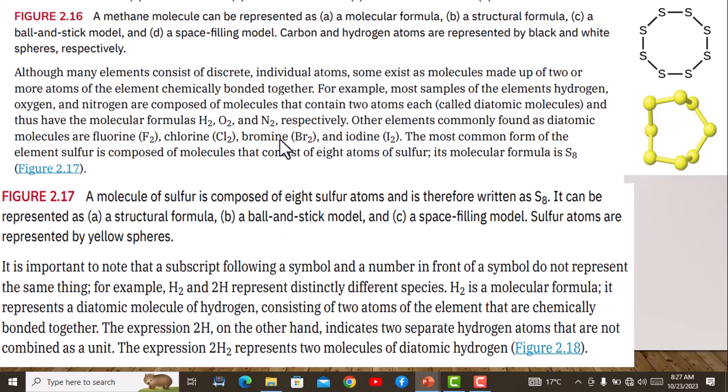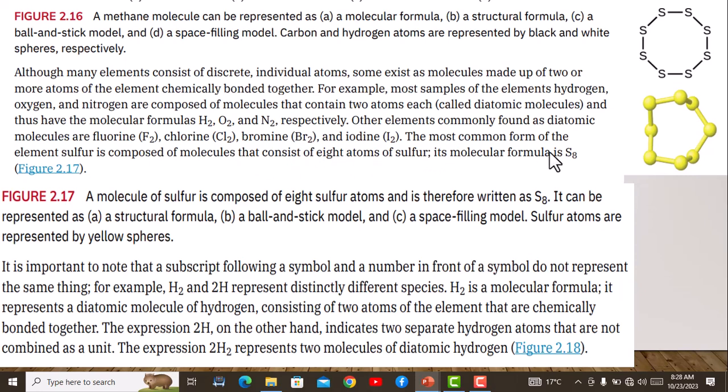So we have these diatomic molecules that are found in nature, which are halogens. Very, very poisonous. Fluorine, chlorine, bromine, and iodine, just to name a few. The most common form of the element sulfur is composed of molecules that consist of 8 atoms of sulfur.